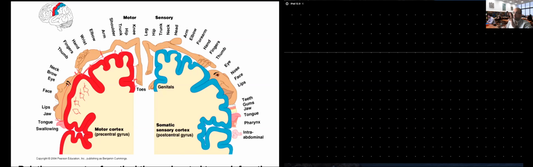So I have more receptors, but those receptors are also sending out to more nerve cells to decode the signals. So I will have a much better sensation in my fingertips compared to my toes, for example, or my back.